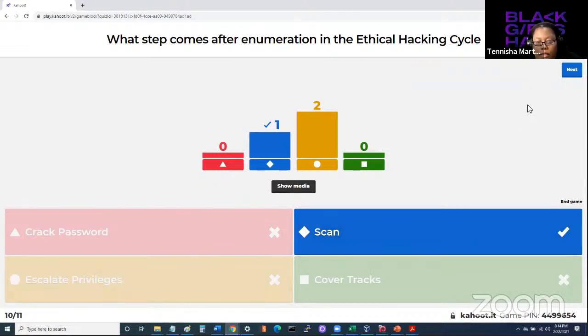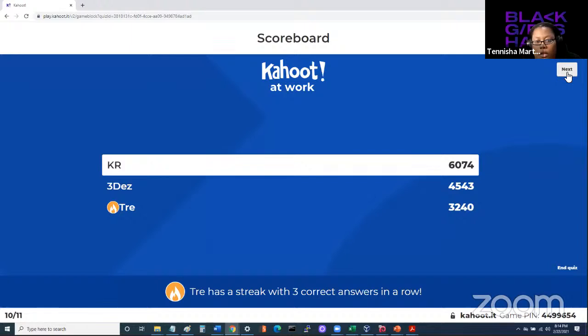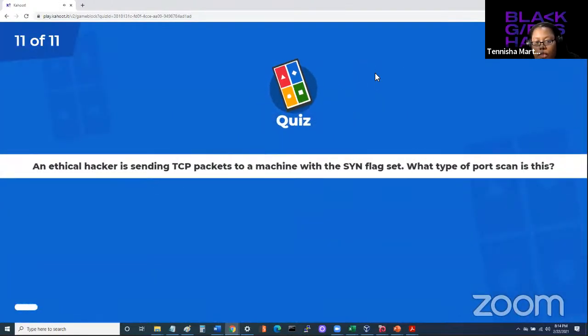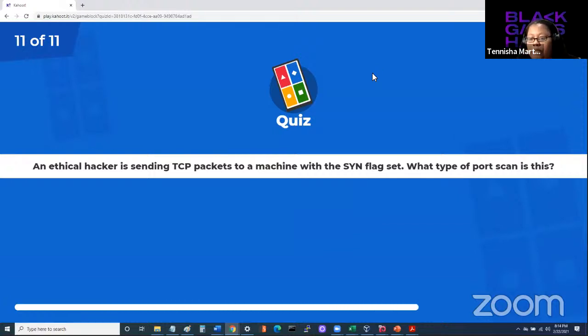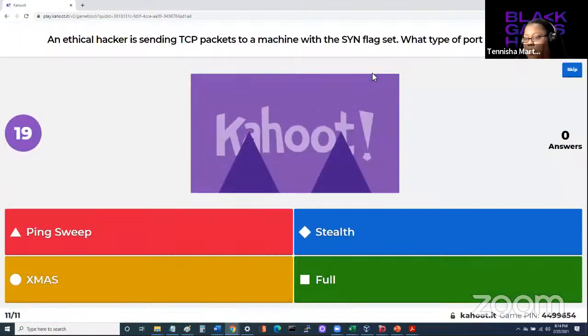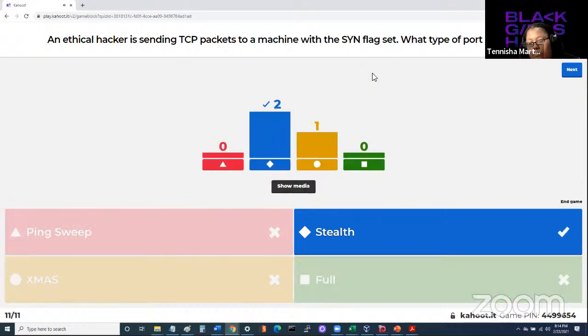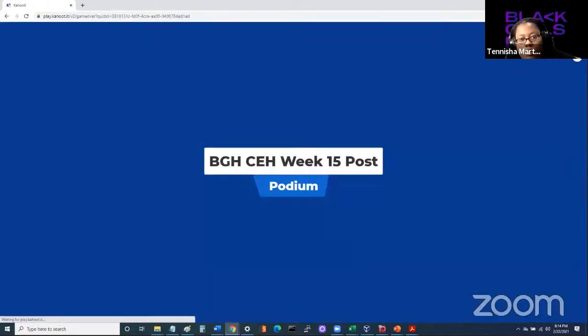I think it should be escalate privileges. All right, let's see. Number 11, an ethical hacker is sending TCP packets to a machine with the SYN flag set. What type of port scan is this? Yep, this is a half open or a stealth scan, same thing. You should know that stealth is another way to refer to it.